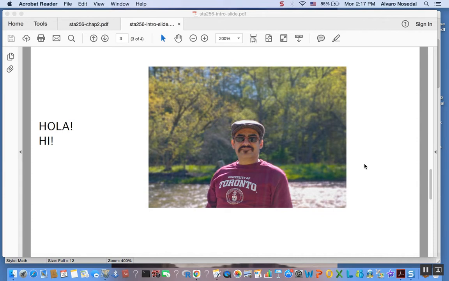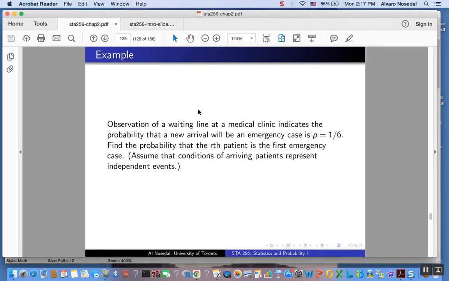I will borrow this example from our lecture notes. Take a look at it, scan it quickly, and then we're going to see what this is about.